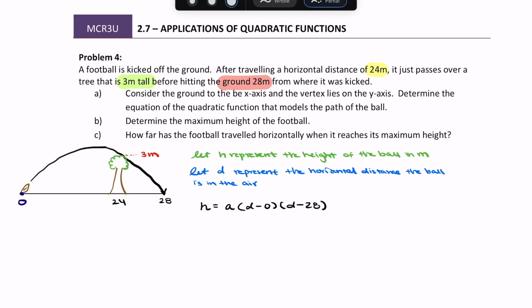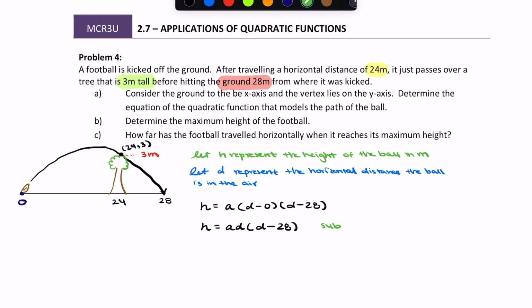Here, if we expand it here, we have h is equal to a times d times d minus 28. And here we know that we actually have one point here, which is at 24 and 3.